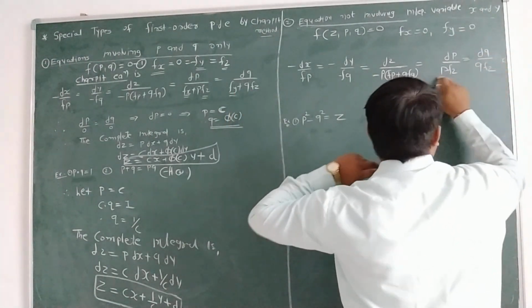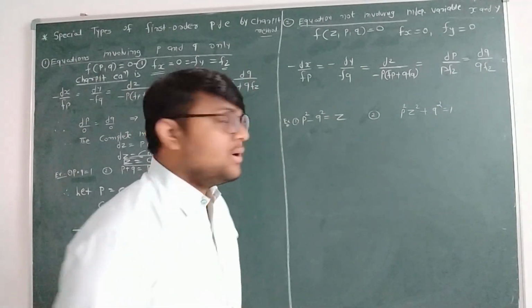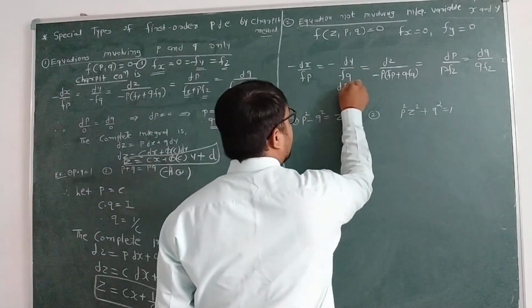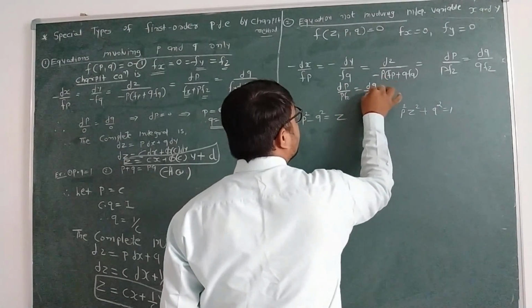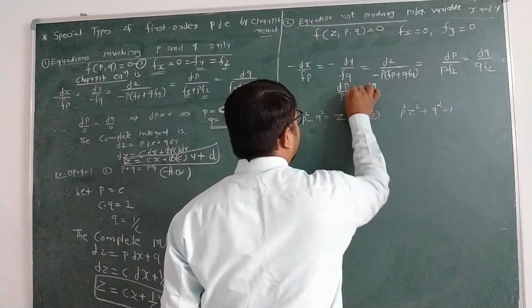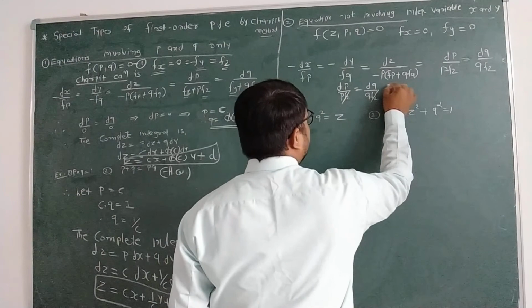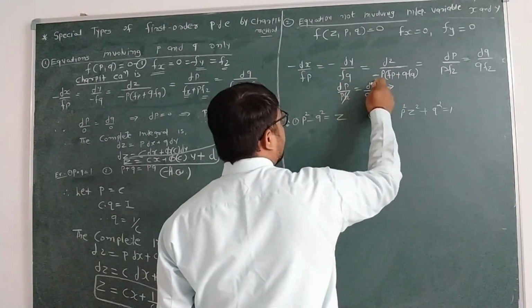Now comparing the last two fractions, ultimately dp/(p fz) = dq/(q fz). So fz cancels out, and we get dp/p = dq/q.